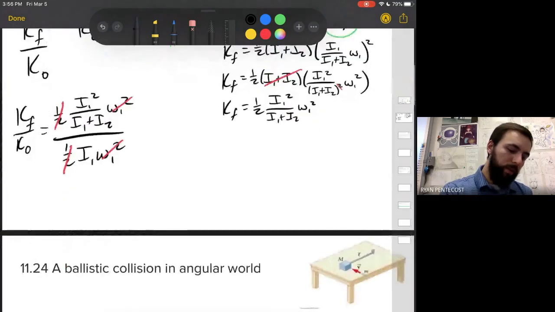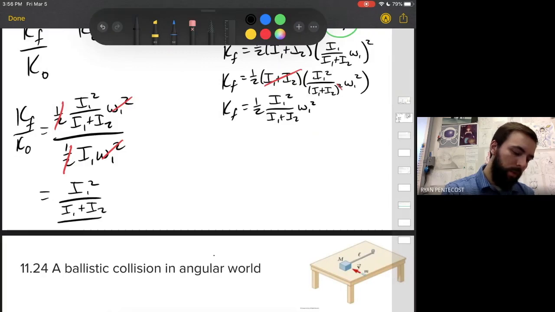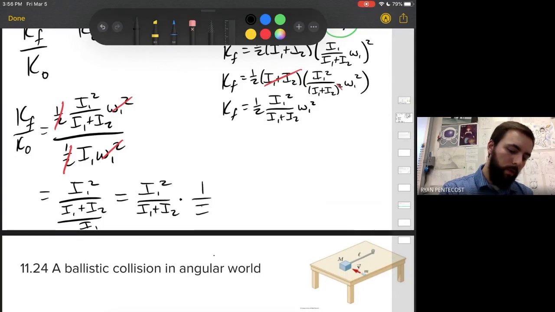That leaves us with the fraction I1 squared divided by I1 plus I2, all divided by I1. That's just disgusting. You should never work with a fraction like that, so let's multiply by the reciprocal. We've got our standard fraction there times 1 over I1, which we know what to do with. And that leaves us with this ratio.